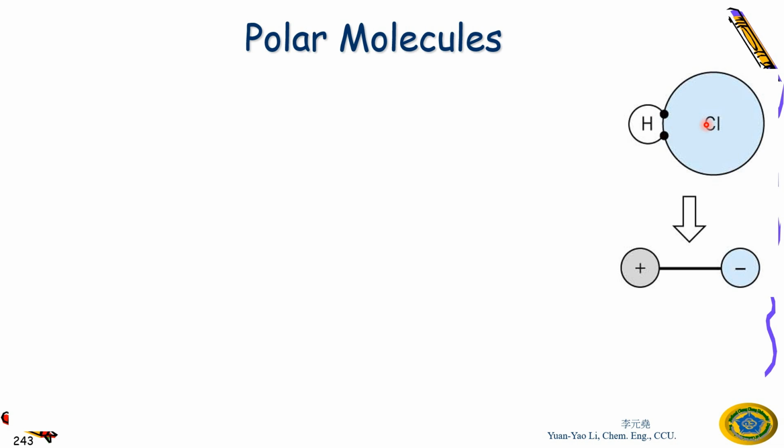Because of electronegativity, right? So this part will have electron deficiency, and this region is enriched in electrons, so you have a dipole. However, because these two are atoms bonded together, this is what we call a polar molecule.